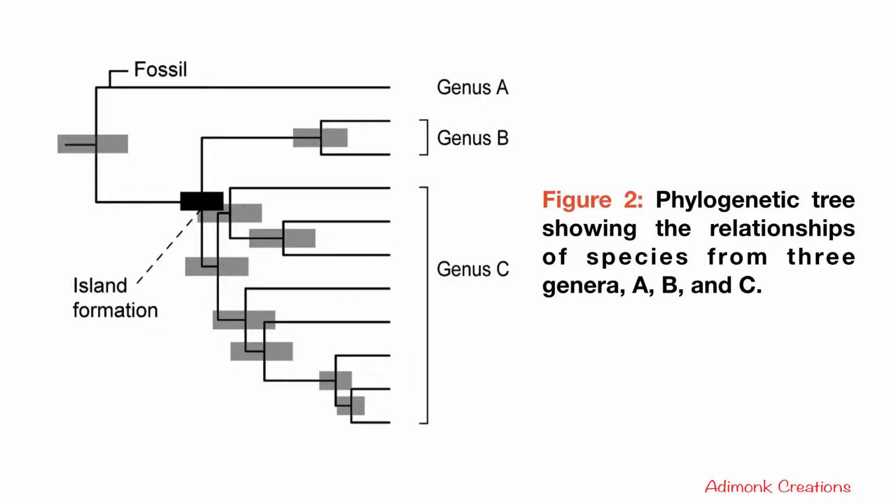So the tree illustrates the use of two molecular clock calibrations. First, a fossil taxon has been assigned to the lineage leading to genus A, and this places a minimum age constraint on the divergence of A from B and C. Second, a geological calibration is placed on the divergence between B and C. The split between these genera is assumed to coincide with the formation of the offshore island on which genus C is found.